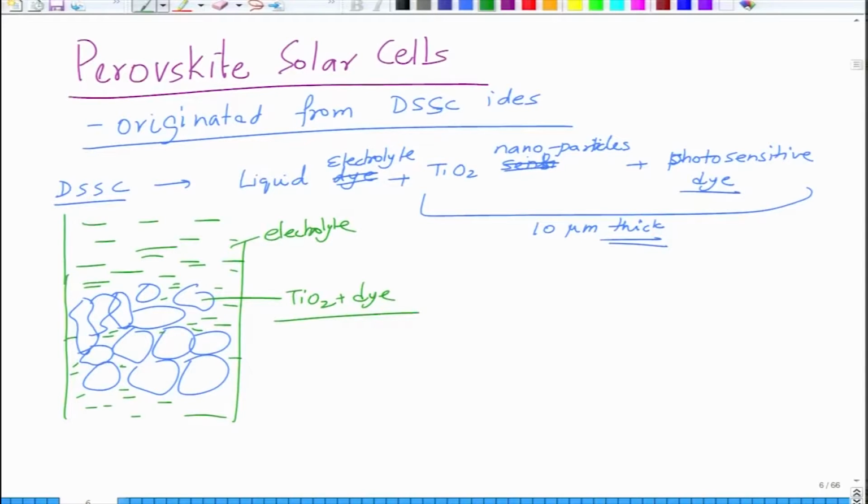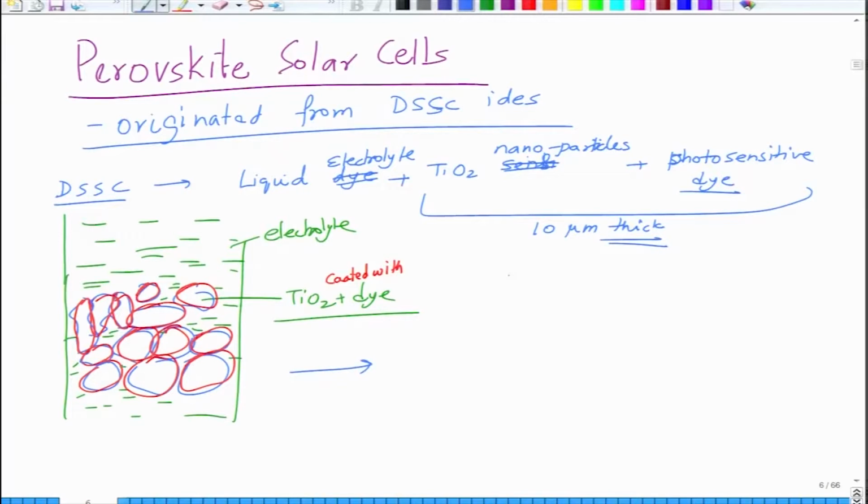Now, TiO2 was coated with dye because TiO2 has to remain in contact with the dye. So, these were dye molecules, they made a layer on top of it. So, TiO2 coated with dye, photosensitized TiO2 nanoparticles. This gave rise to a different geometry.